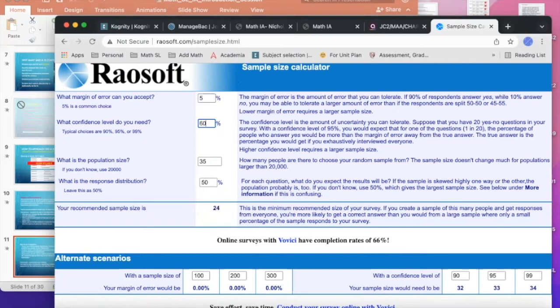$60. Oh, that's even too low. Okay, do you see what I'm trying to do here? Yes. I'm trying to find the sample size in relation to the confidence level. If you use 30, 25, 20.